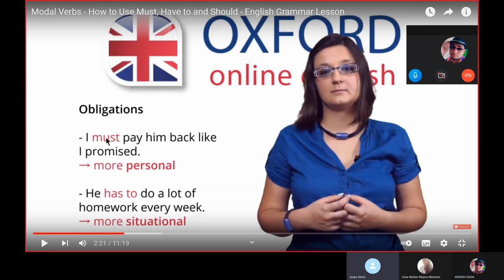Para el must en the other modal verbs, para los demás verbos modales, sí es el mismo, no cambia para todos los pronombres. Sean incluyendo las terceras personas, no va a cambiar, ¿ok? No va a cambiar ni el verbo modal, ni va a cambiar el verbo en infinitivo. ¿Ok?